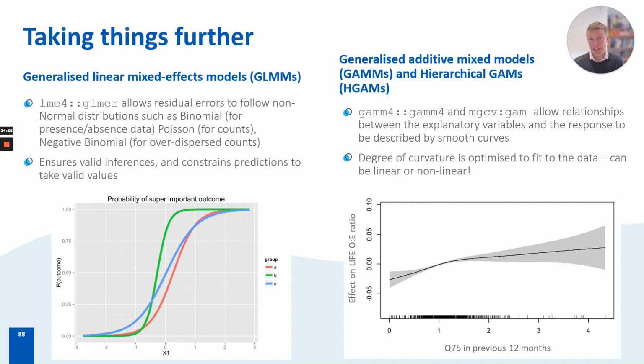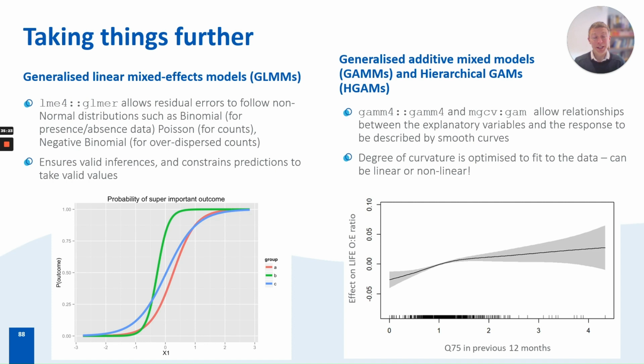However, there are other data sets which certainly wouldn't follow that kind of distribution. So maybe we're dealing with presence-absence data, or percentage data that varies between 0 and 100. Or maybe we're dealing with count data derived from, say, an electric fishing survey, where we count the number of individual fish caught at a particular location. In all of those situations, we wouldn't expect the data to follow a normal distribution.